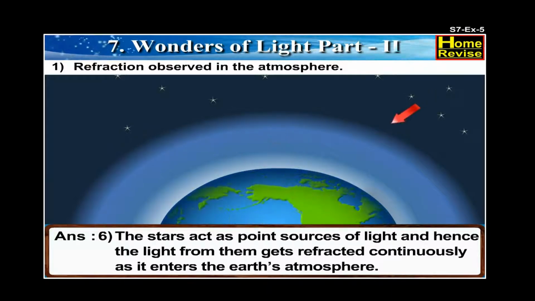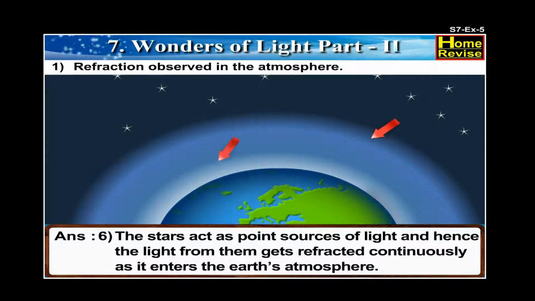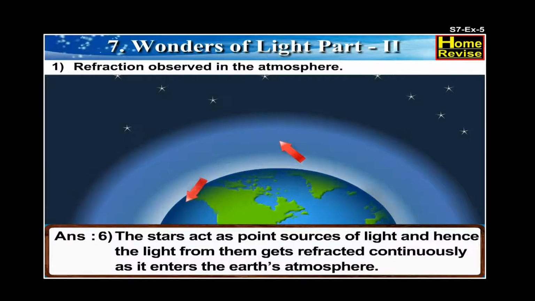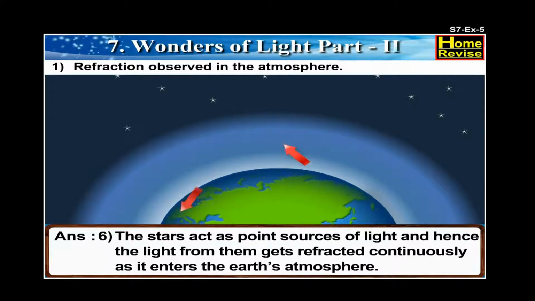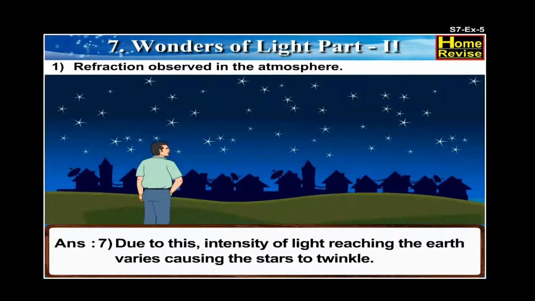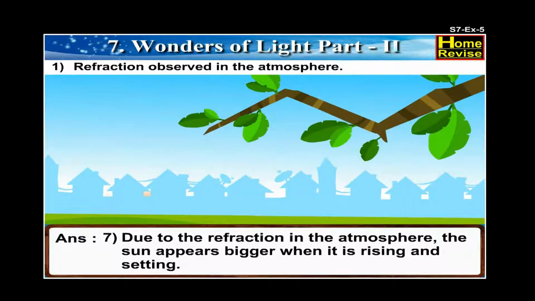The stars act as point sources of light, and hence the light from them gets refracted continuously as it enters the Earth's atmosphere. 7. Due to this, intensity of light reaching the Earth varies, causing the stars to twinkle. Due to the refraction in the atmosphere, the sun appears bigger when it is rising and setting.